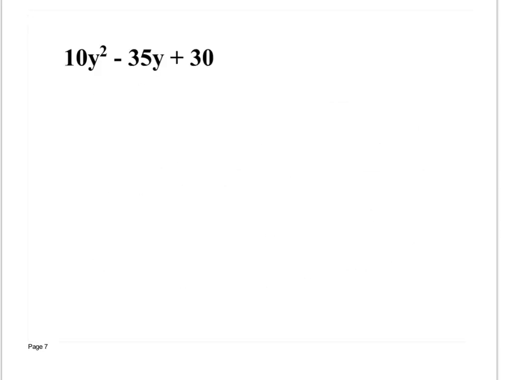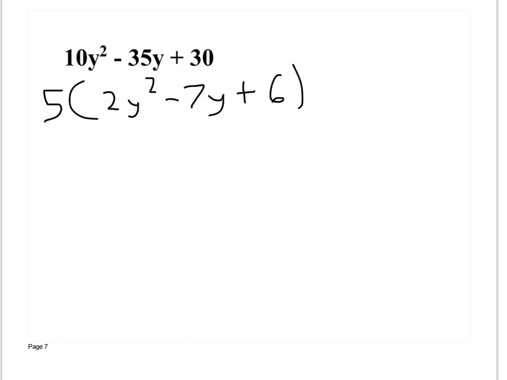10y squared minus 35y plus 30. Does anyone see something you can factor out? Factor what out? 5. We're left with 2y squared minus 7y plus 6. A lot easier to work with. So I've got to split up negative 7y. And I look and see that c is positive and b is negative.